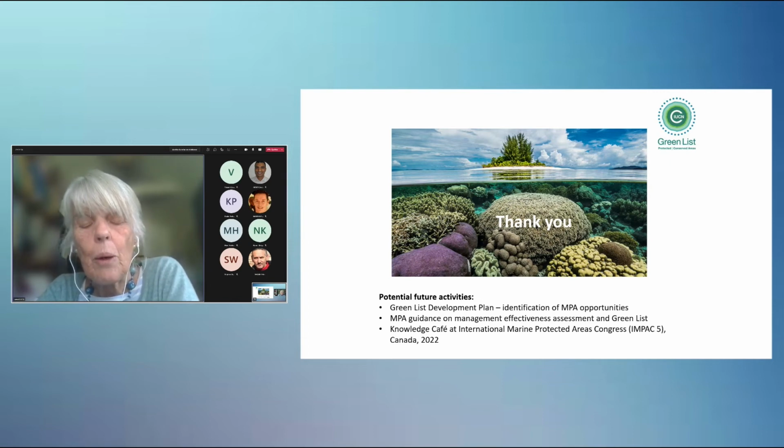I think it's worth just mentioning, because this is very preliminary, that we might want to think about IUCN WCPA producing some guidance for MPAs on management effectiveness assessment in the Green List, in the same way as they produced guidance for the protected area management categories specifically for MPAs. This is based on that experience with that toolkit set of guidance. I think this would be a very useful thing to do.